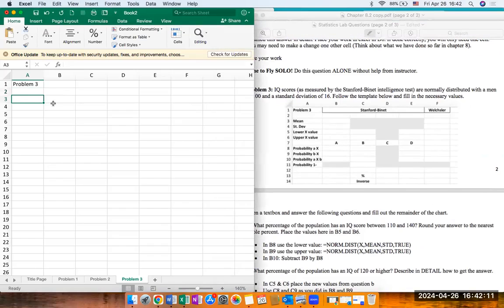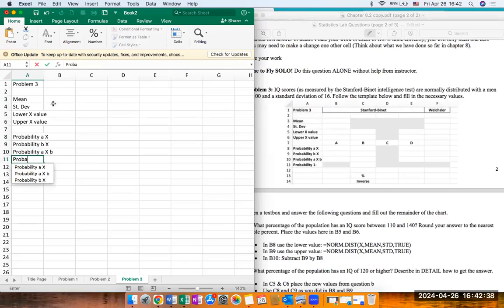So we have the mean here, standard deviation, lower X value, upper X value, probability A of X, probability B of X, probability A, X, B.